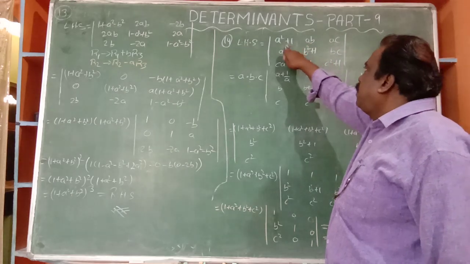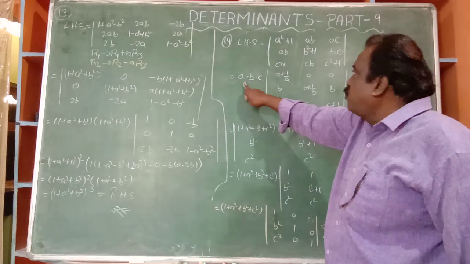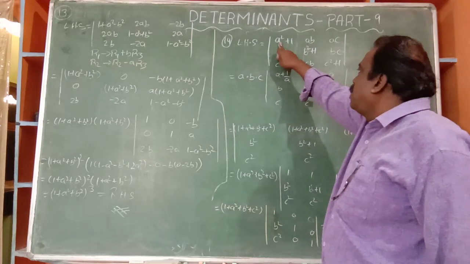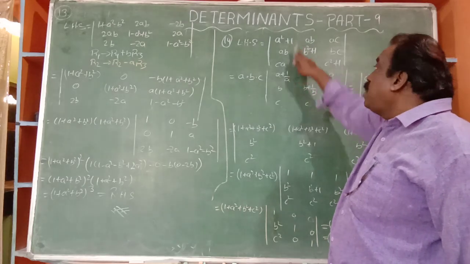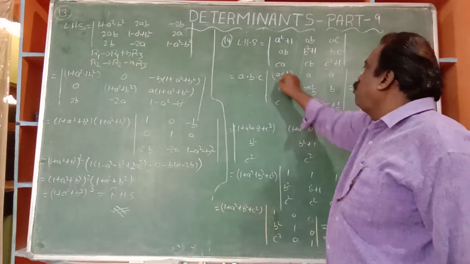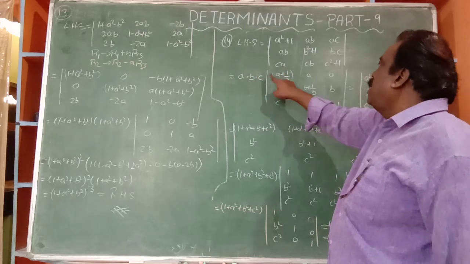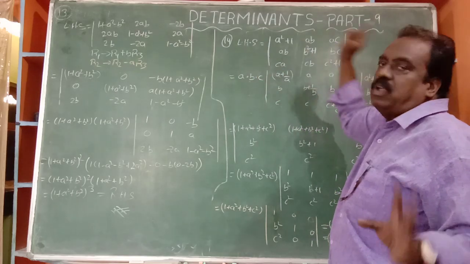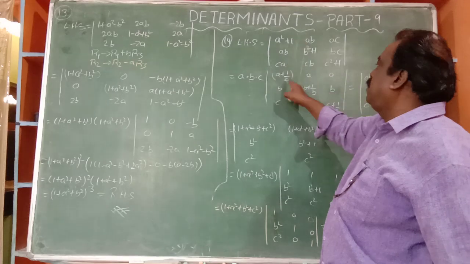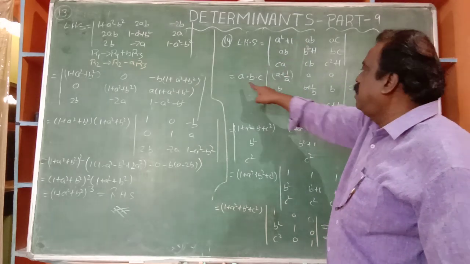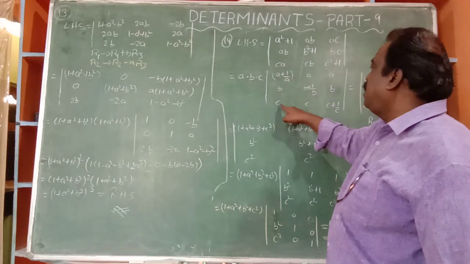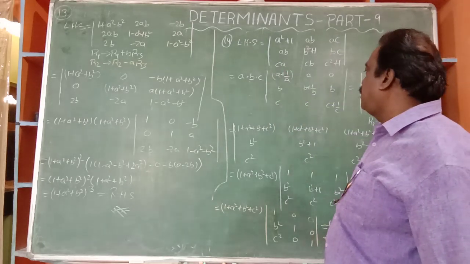Now, if you take A as common in the first column, A square means A. Here no A at all, so 1 by A I wrote. Don't confuse. If you multiply A square, 1 by A into A is 1 only. I am taking A as common here. And in AB, B is remained, A taken. And CA, A is taken as common, then C only.